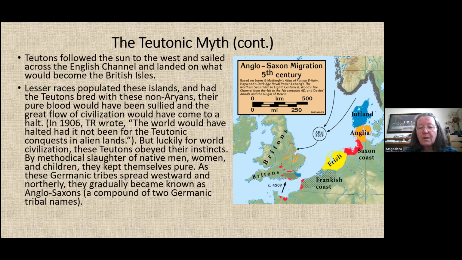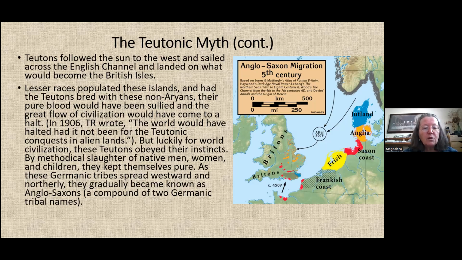In 1906, Teddy Roosevelt wrote, "The world would have halted had it not been for the Teutonic conquests in alien lands." But luckily for world civilization, these Teutons obeyed their instincts. By methodical slaughter of native men, women, and children, they kept themselves pure.